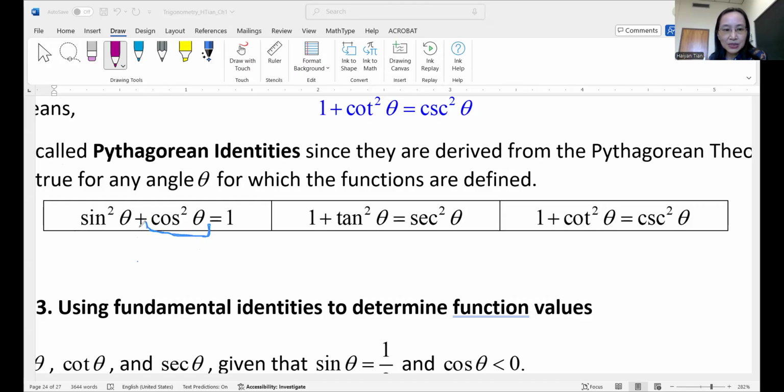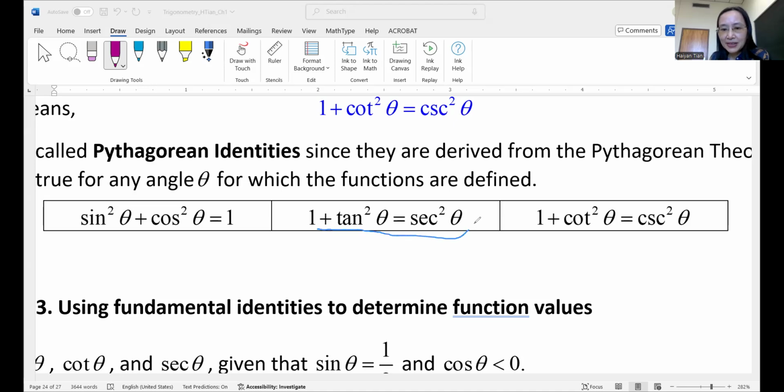You can try to determine the cosine if the sine is given. These two are related because of this equation. So knowing one will help you know the other function value of theta.